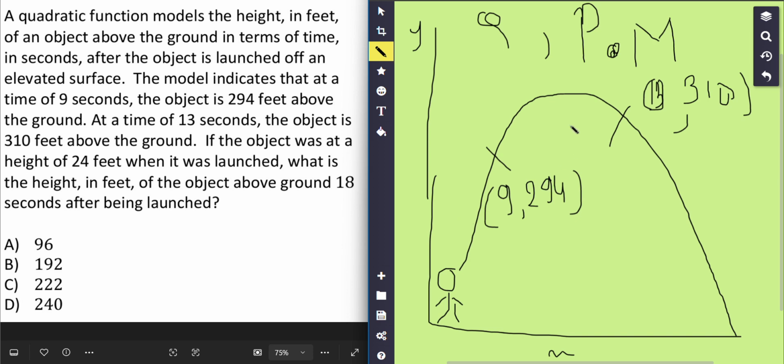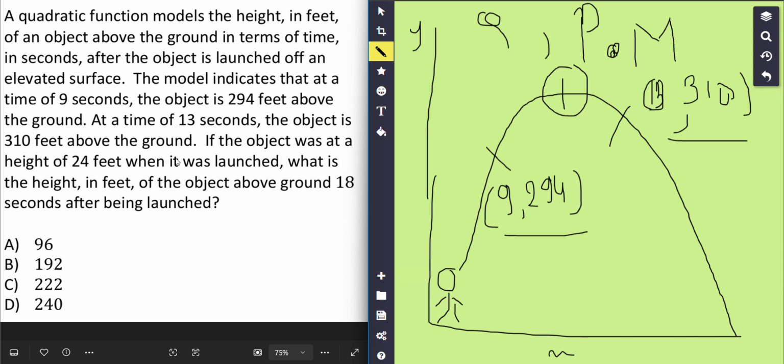Since we don't have any idea of the vertex, it is very difficult to assume that only these two points will be sufficient to get the parabola in Desmos. So we need additional information: the object was at a height of 24 feet when it was launched.